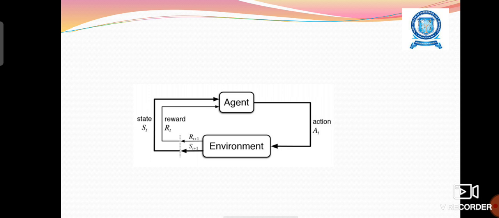So it can get a positive reward or a negative reward. The aim of the agent is to increase the positive rewards, so it will try to avoid the negative rewards. It will always try to improve its performance based upon the feedback given by the environment. So this is what happens in reinforcement learning.